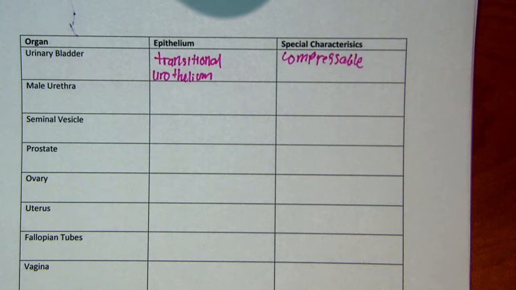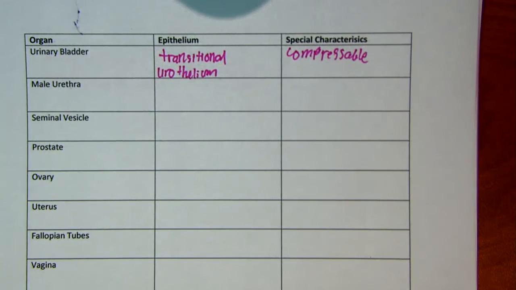All right. Good. So now what about the male urethra? So we have different parts to the male urethra. Let's start with the most internal, closest to the urinary bladder. What type of epithelium will you guys see there?